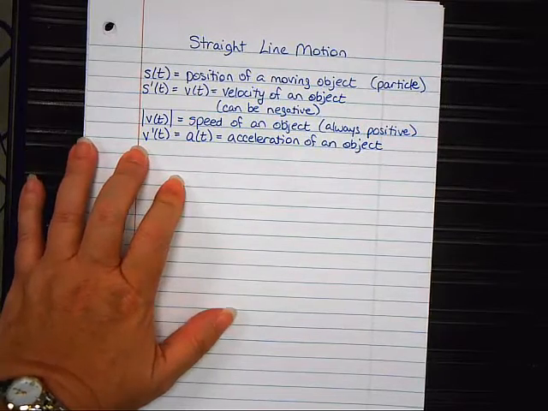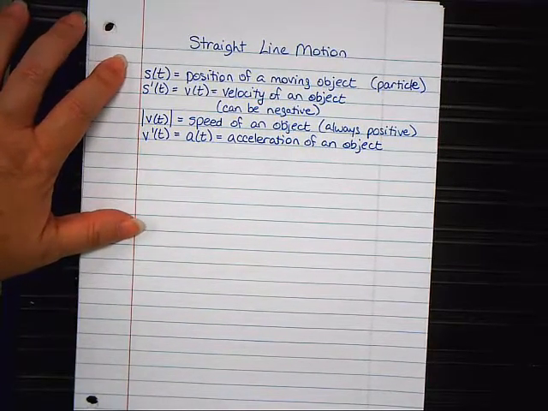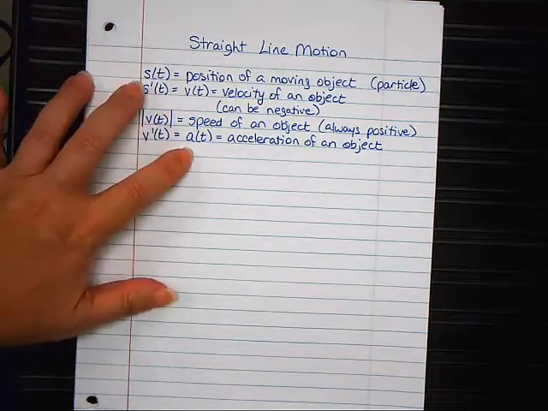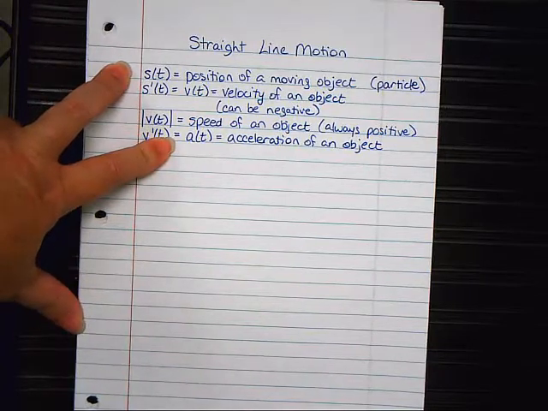So, S of t is position, v of t is velocity, a of t is acceleration. What's the relationship between S and a? It's the double prime, exactly. It's the double prime. Have a seat.